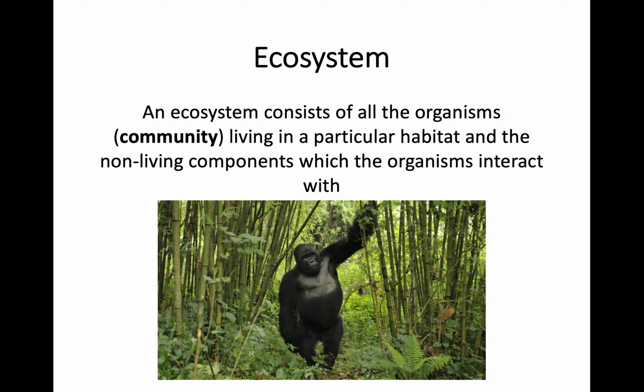So a community is all the living organisms in a habitat, but also how they interact with non-living components. So it could be the light, the temperature, the humidity, the waterways that go through this habitat. All of them work together into this one entity, which we term an ecosystem.